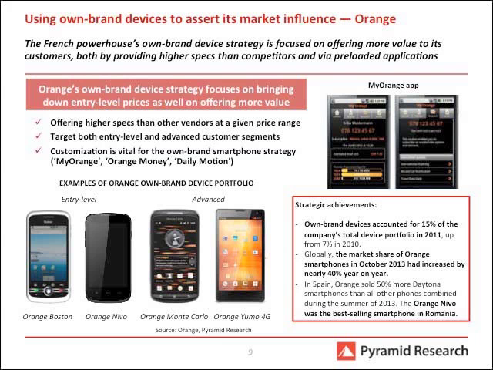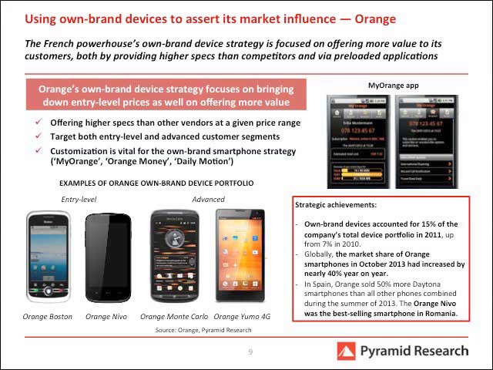So, for instance, 2011 was a great year for Orange when it comes to their own brand device strategy, where own brand devices accounted for 15% of the total device portfolio, up from 7% in 2010. Recently, I found out that the market share of Orange smartphones increased by 40% year-on-year in October 2013.